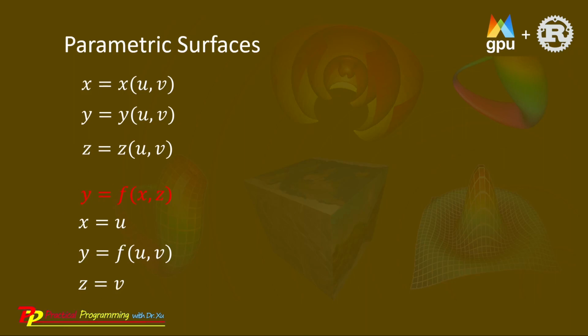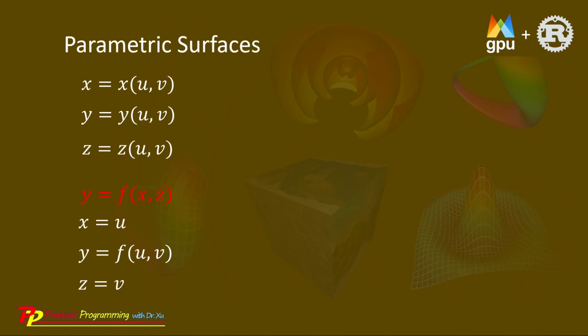Note that in the parametric space, for each u and v value pair, the function is single valued. This means in the parametric space, our parametric surface is a simple surface. So we can use the approach for the simple surface to create the parametric surface in the parametric space.